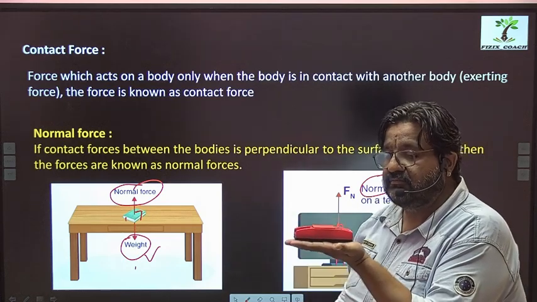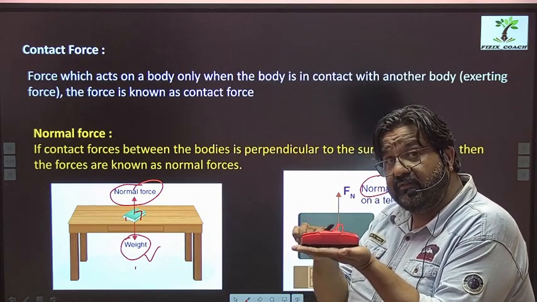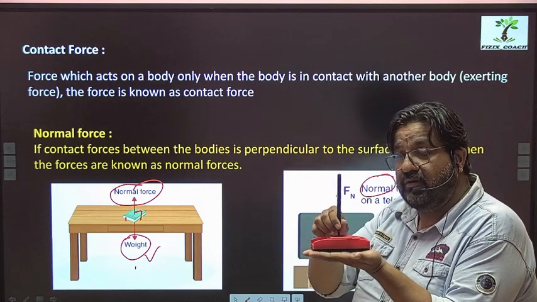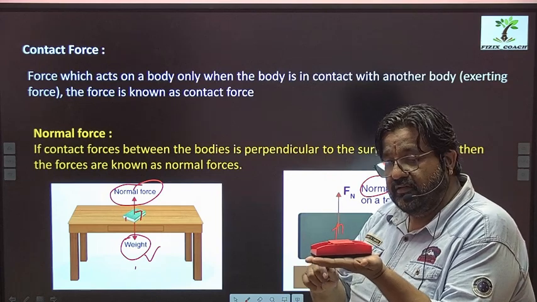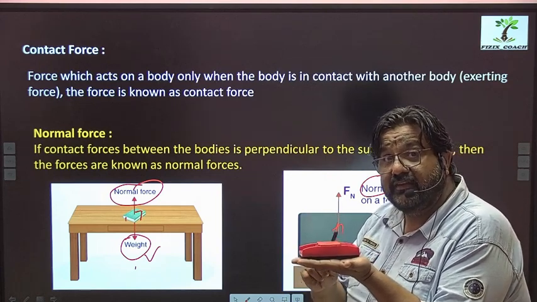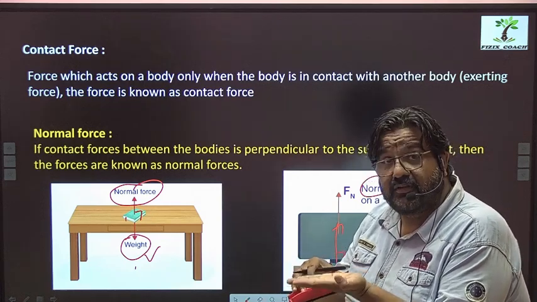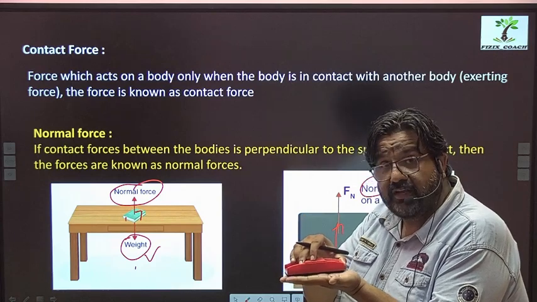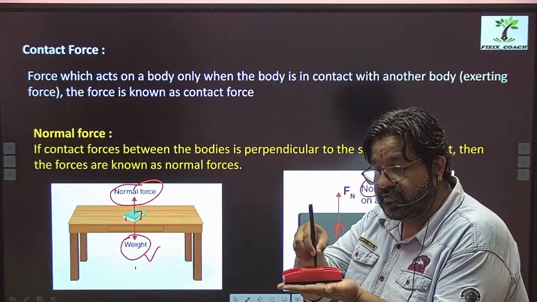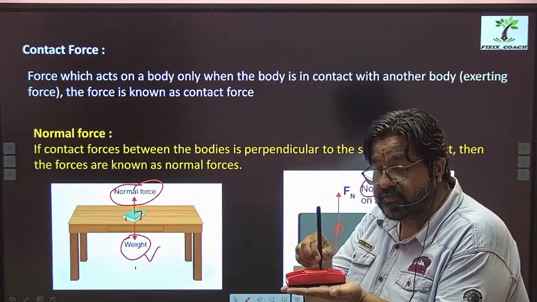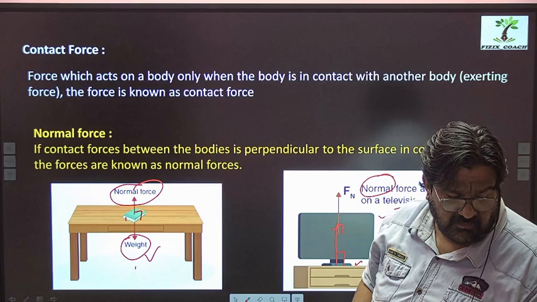Because the weight of the duster is being balanced by the normal force, which comes into action when this hand or some table is there. When these come in contact, the hand is applying a normal force, which is why we call it normal, because it is perpendicular to the surface. Is it clear? All right, great.